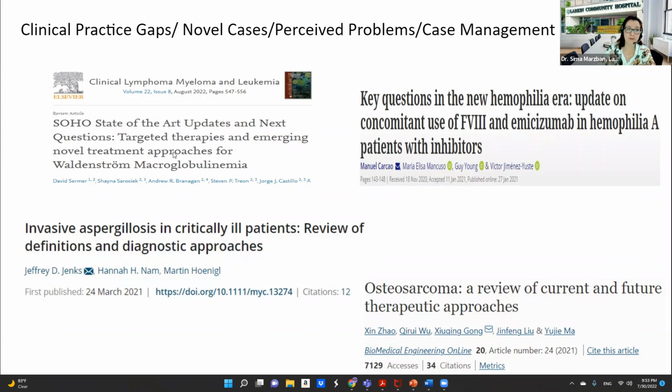Targeted therapies and emerging novel treatment approaches. Novel treatment approaches is a topic that can help other clinicians and medical trainees to learn more about a specific medical condition. Invasive aspergillosis in critically ill patients, review of definitions and diagnostic approaches.